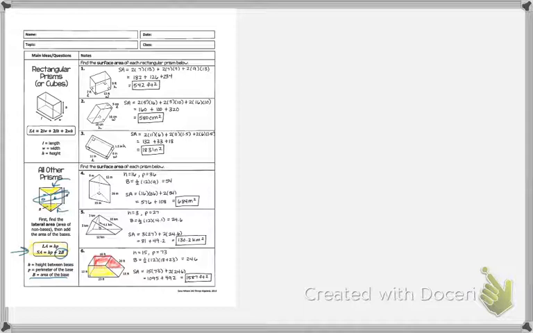So the easy equation is simply multiply the height times P, the perimeter.